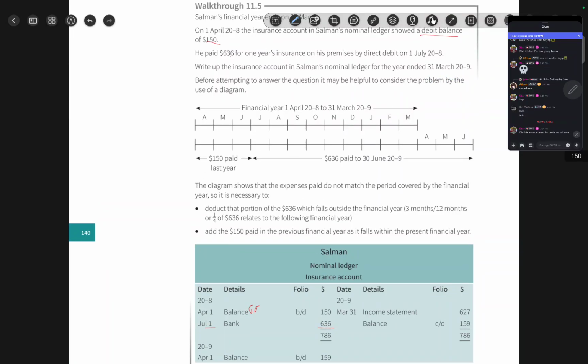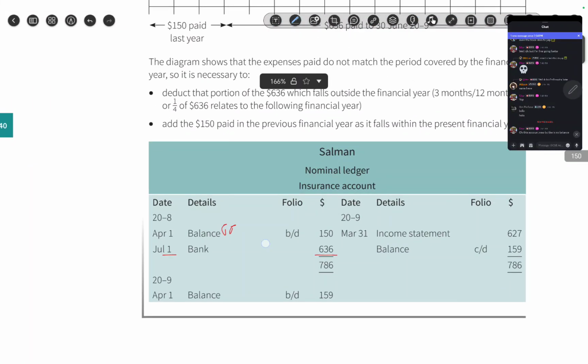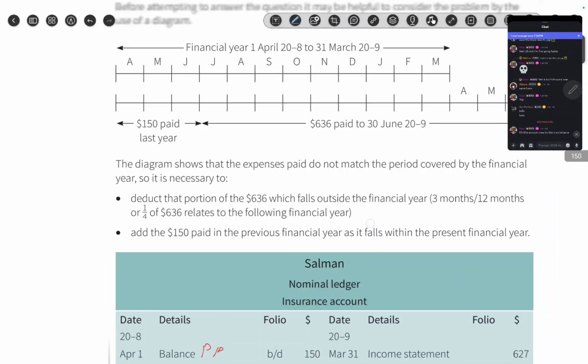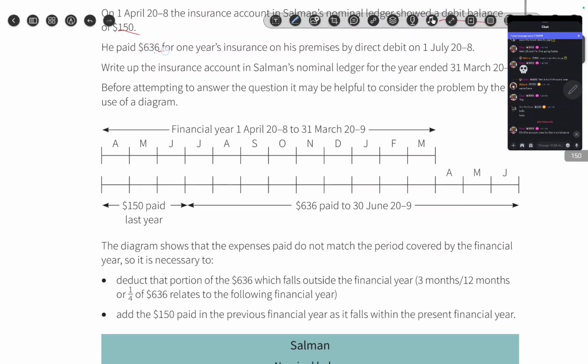It may be helpful to use a diagram. Showed a debit balance of 150. Now look, this debit balance of 150 means prepaid 150. Okay, and this 636 for 1 year means that 636 is for 12 months.